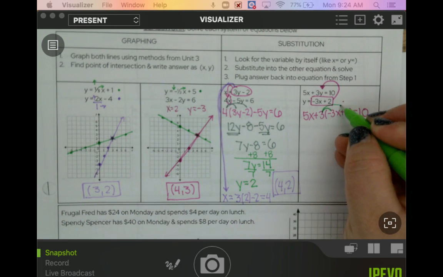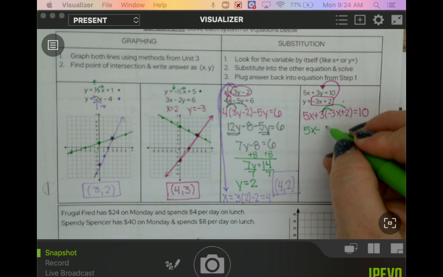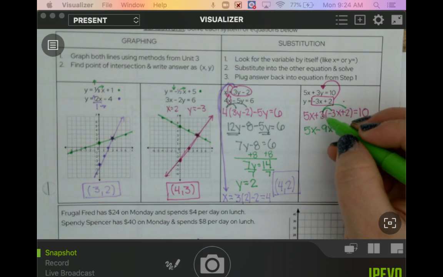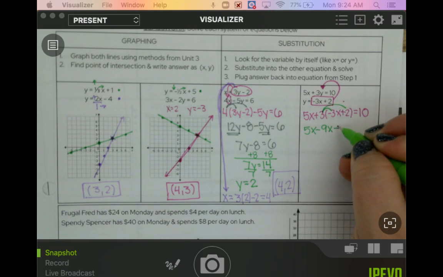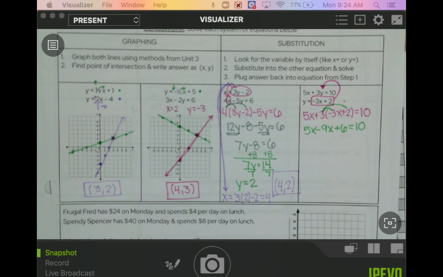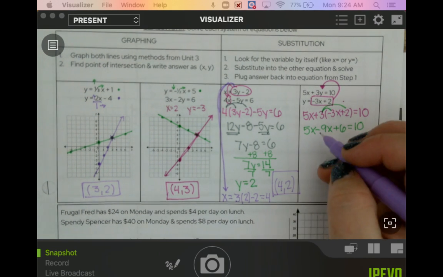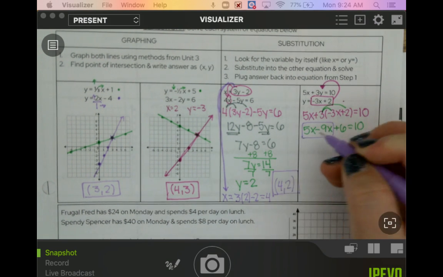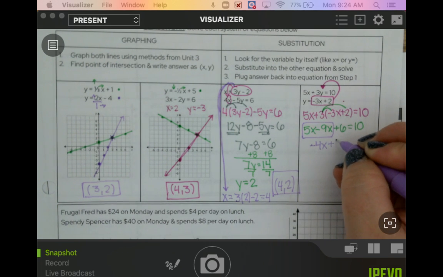And then I'm going to multiply by 3. Stop me if you're not sure why I write any of this. 3 times negative 3x is negative 9x. 3 times 2 is 6. Depending on how comfortable you are solving equations, this part is going to be either easy or difficult. What goes next? 5 minus 9 is negative 4.